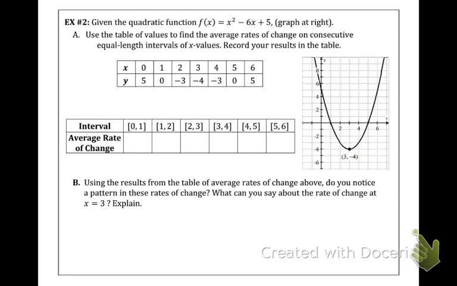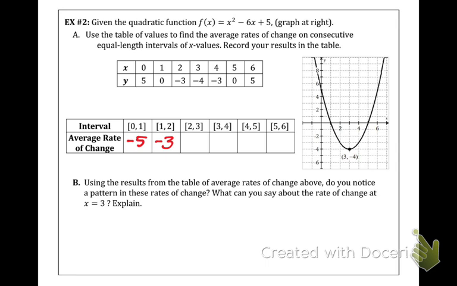If we're going from 0 to 1, my average rate of change is 5 minus 0, which is 5, over negative 1, so negative 5. From 1 to 2, 0 minus negative 3 is 3 over negative 1, so negative 3.